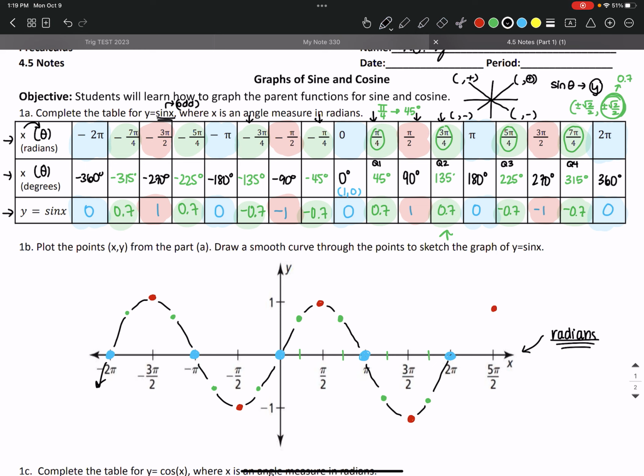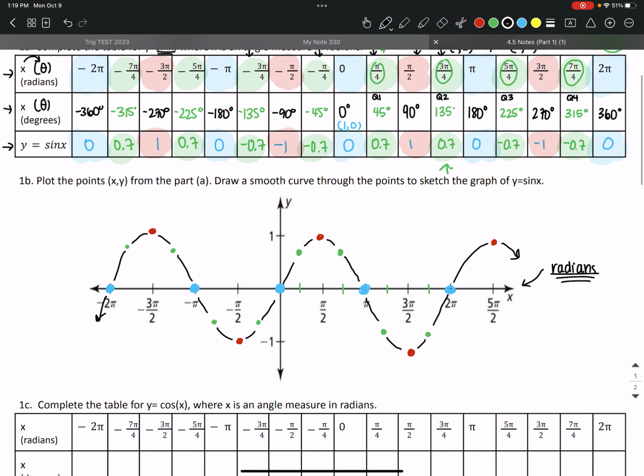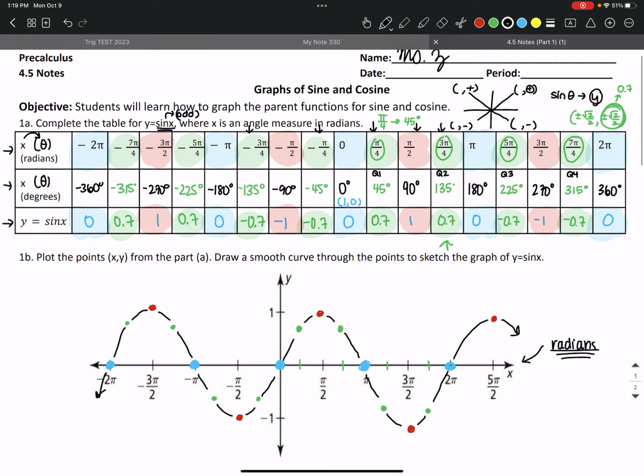So this is how the pattern would continue over and over, and I see a wave. This is what my sine graph is going to look like. The shape that I see repeating over and over is an S shape. I remember this because it looks like an S shape that's repeating over and over, and because it is sine, it starts with an S.